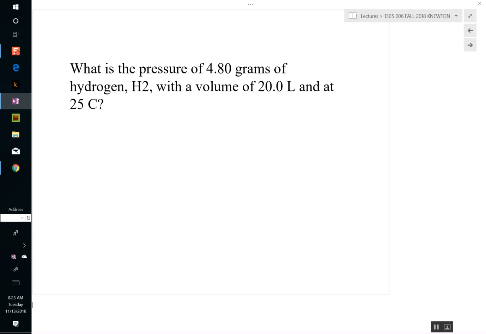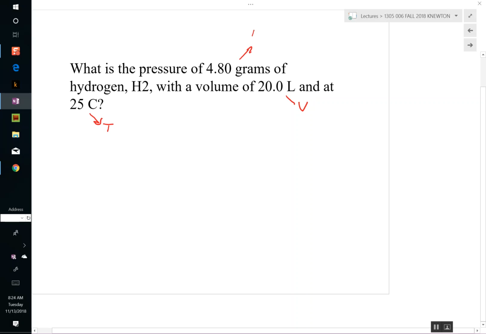All right, here we have volume. Here we have temperature.